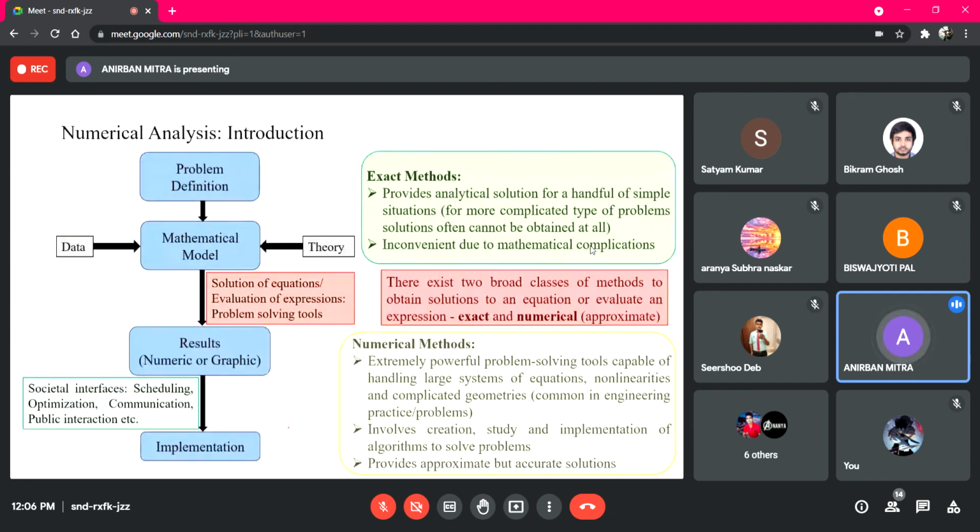Think of a system of equations which has 100 variables and 100 equations. Now we know from our school days how we can solve simultaneous equations of two variables. If I give you such a problem, you will very quickly solve that by hand. Now if the number increases to three equations, three variables, it is just a little bit more complicated.